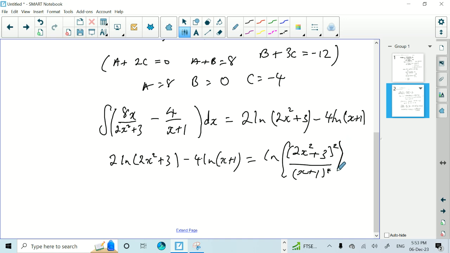And that's good to go. Yes, that's correct, 2 times the natural log.